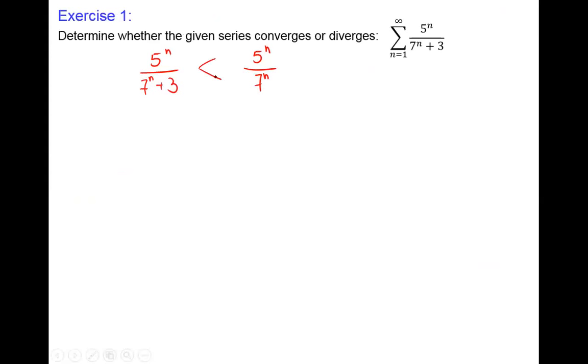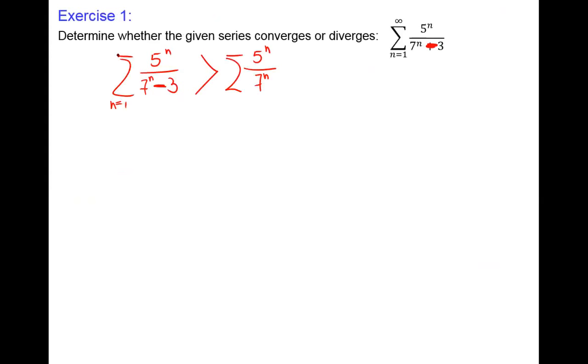I want the limit comparison, so let's put minus. If we subtract something from the denominator, we're making the denominator smaller, and the whole fraction is bigger. That's what I wanted.